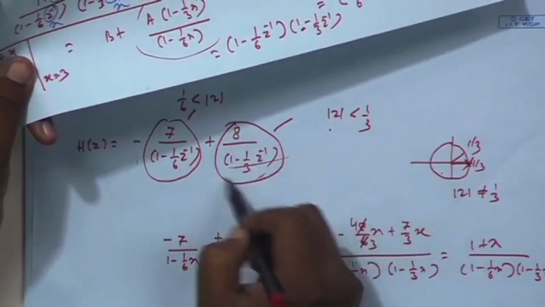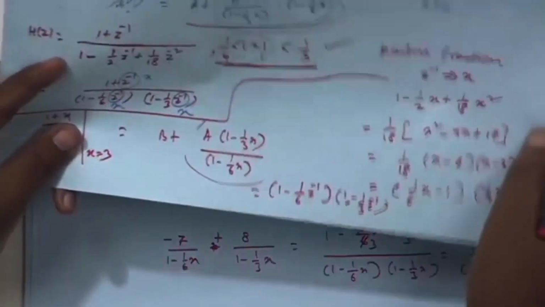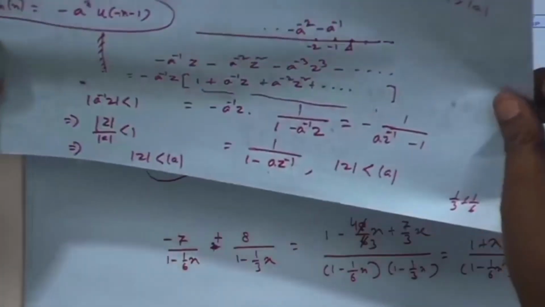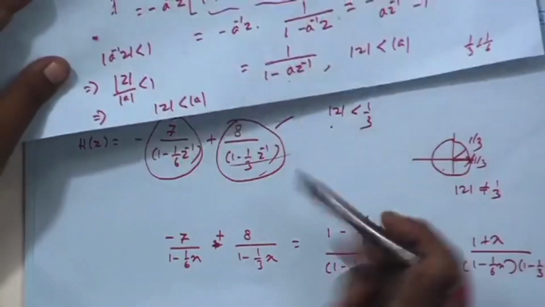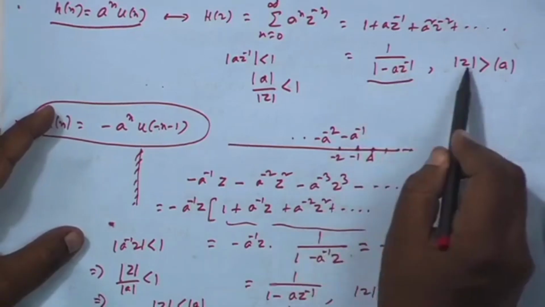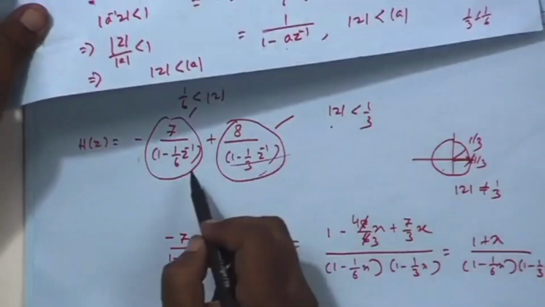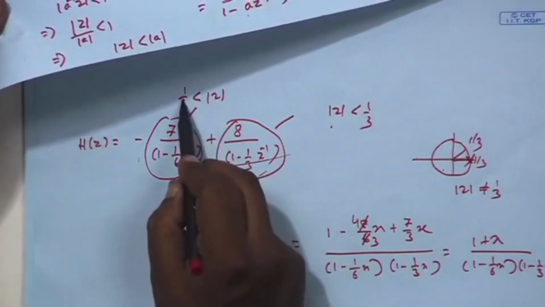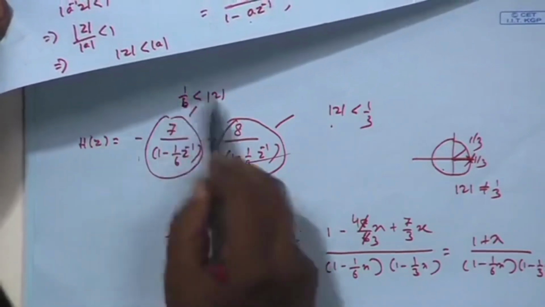Now, when you have this, you remember I consider this expression 1 minus a z inverse, but if mod z is outside a circle, okay, there mod z is greater than 1 by 6, it is outside a circle.